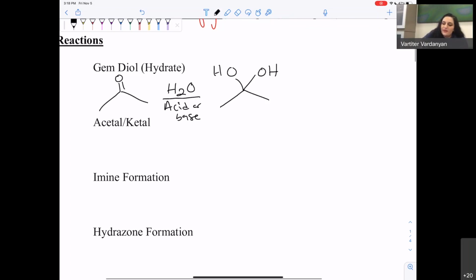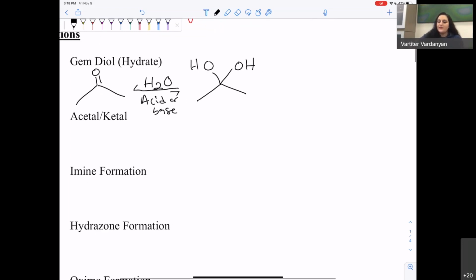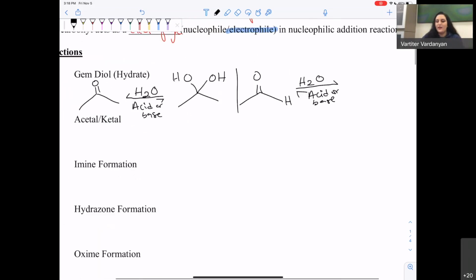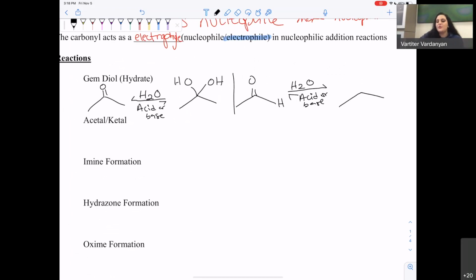So the equilibrium for this one is going to heavily favor the ketone. We're going to get a little bit of gem-diol. Whereas in the aldehyde version, the equilibrium is going to favor the gem-diol because aldehydes are super duper reactive.